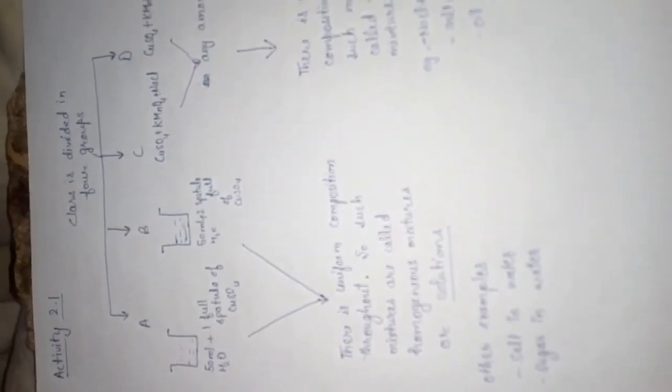So such mixtures are called homogeneous mixtures or solutions, or you can say true solutions. In the previous topic we studied examples of homogeneous mixtures: sugar in water, salt in water, copper sulfate in water.